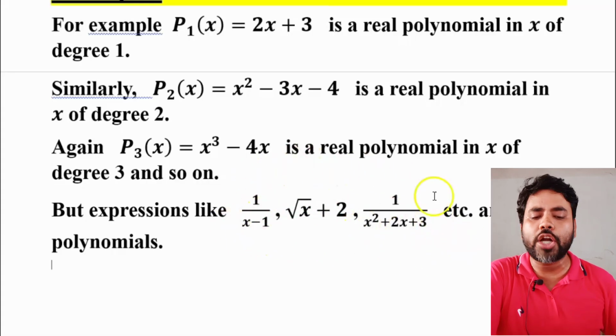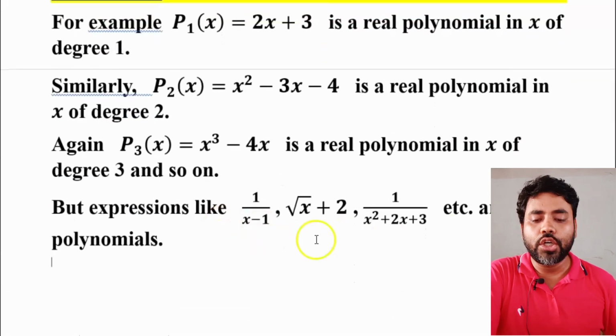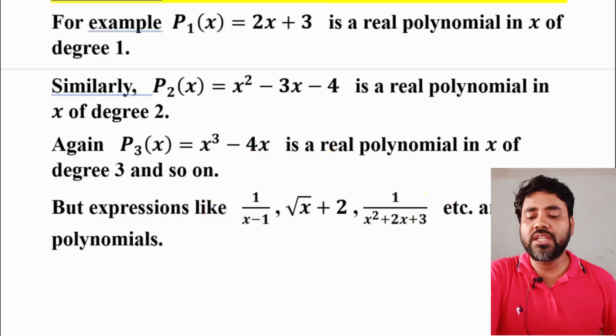These are not polynomials because none of them is in this form. This is the general form of polynomials. So the general form of a polynomial is this, and these are not in this general form. So these are not polynomials.